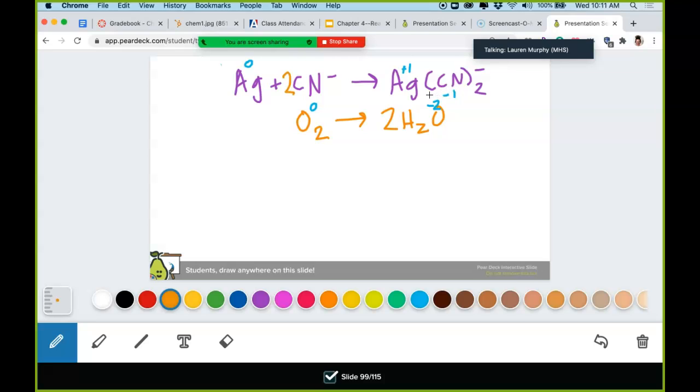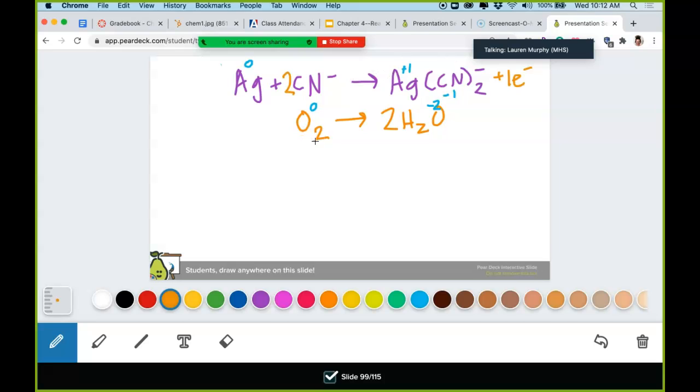The next thing you balance are hydrogens. I don't have hydrogens. The next thing you balance is charge. So the charge over here is -1, and the charge over here is -2, because 2 negatives. So I need 1 extra electron over here. -1 and -1 adds up to -2. Okay? All right, so that half reaction's done.